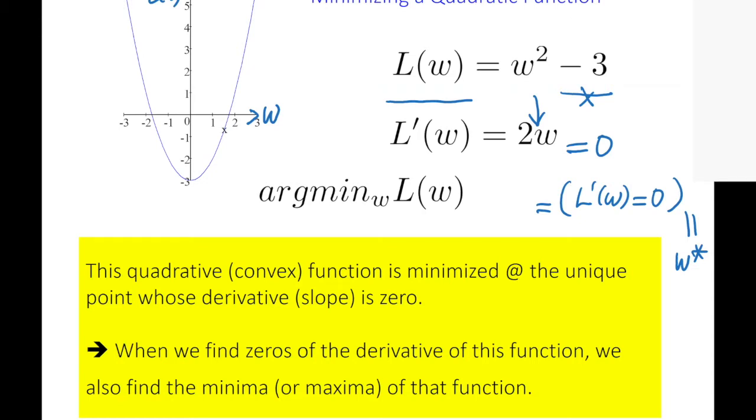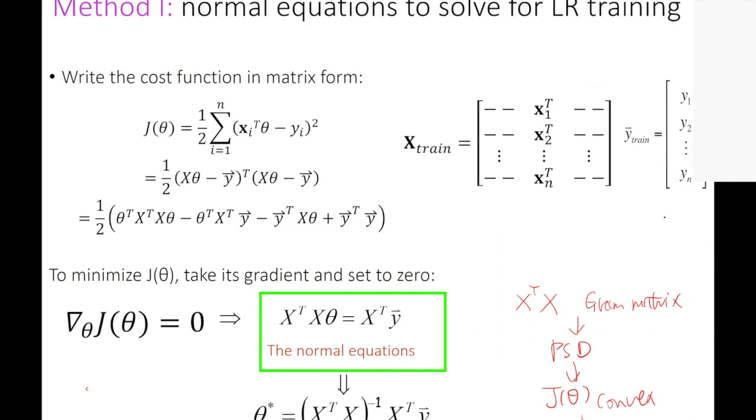The reason we can directly optimize by just looking for the W that satisfies this condition is that this is a convex function. For this type of convex function, those points where the derivative is 0 are the minimum points. It's guaranteed by the properties. Then we use the same procedure to solve our linear regression training.